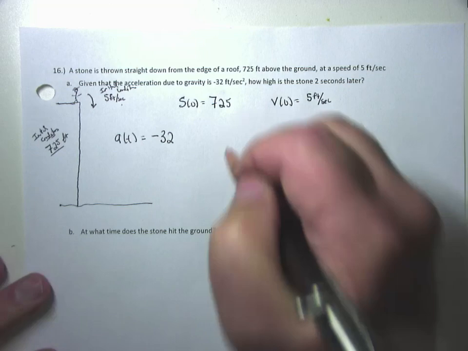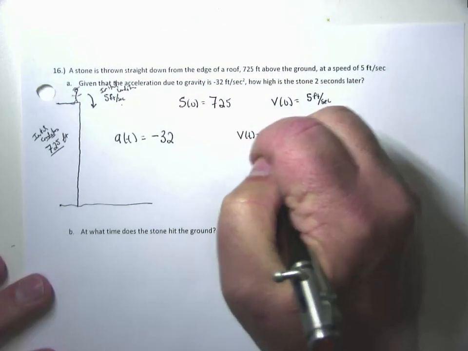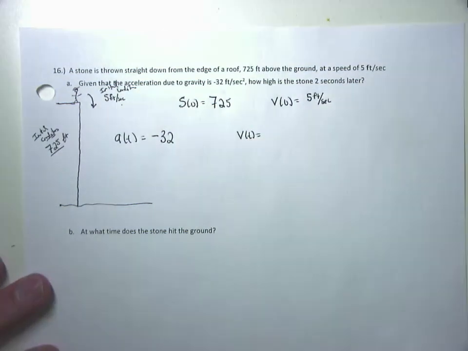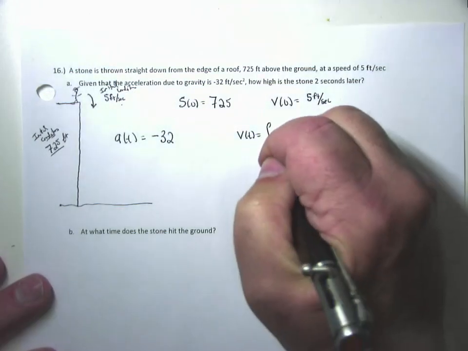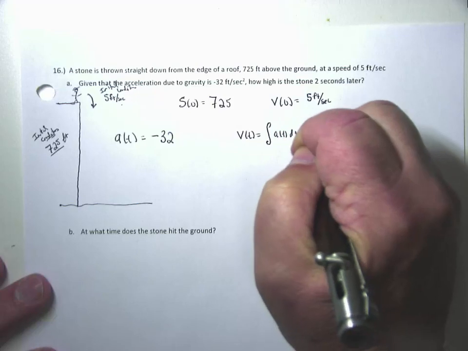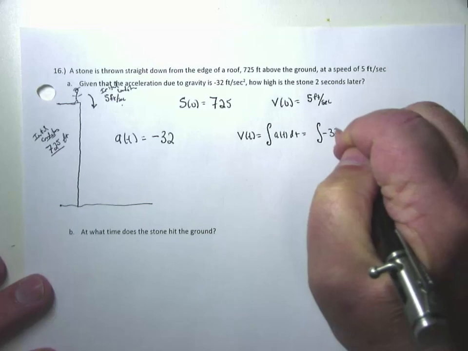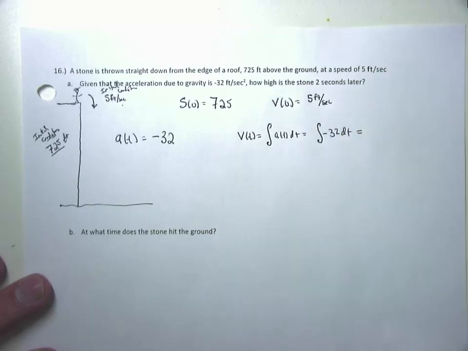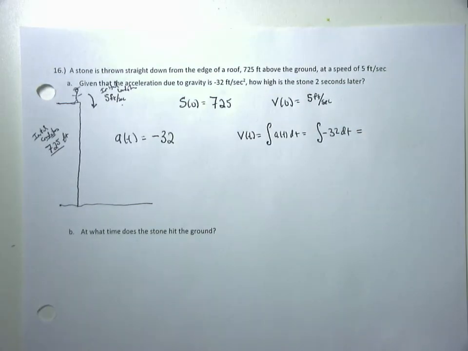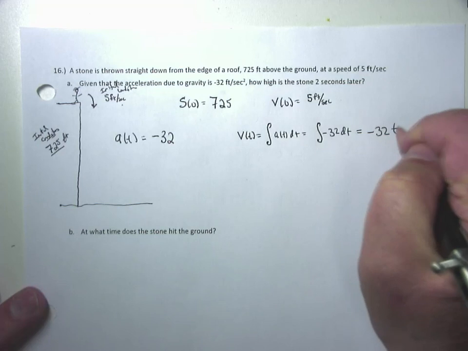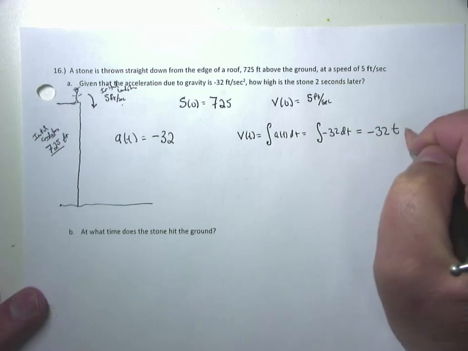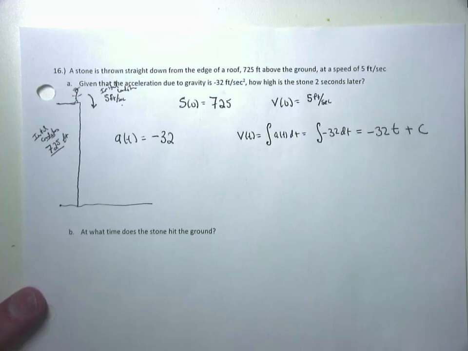What do I have to do to get velocity? See, last problem. What do I got to do to get the velocity if I know the acceleration? I integrate acceleration and it gives me velocity. Rules we have memorized now. So this would be the integral of negative 32 dt. What is the integral of negative 32 with respect to time? That's what the dt stands for. Negative 32t. Every time you integrate, you got to put this, plus c.